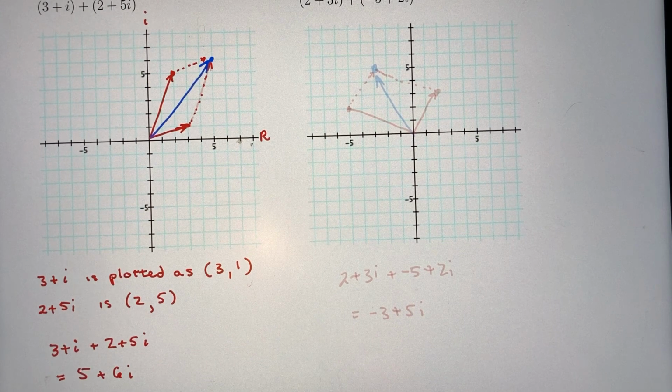They also call this the head-to-tail method because the head of the first vector joins to the tail of the second vector.